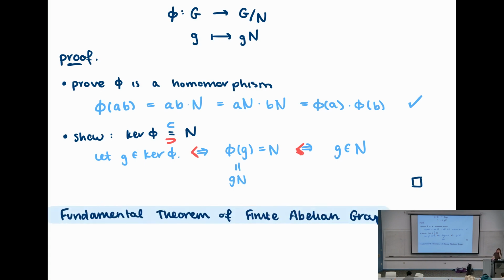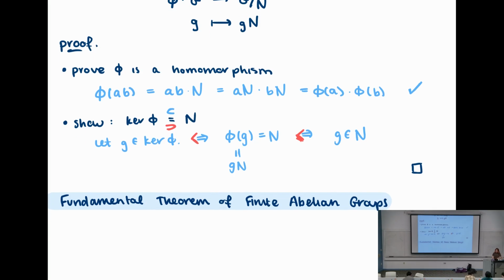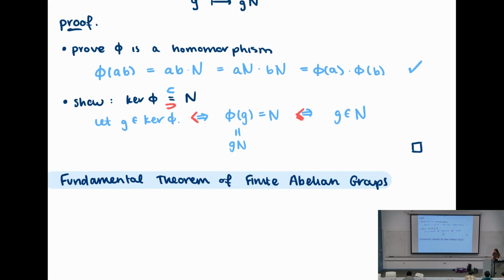So this will tell you, given an integer n, how do we find all of the finite abelian groups of order n up to isomorphism? So this theorem will tell us how to do that. So I'll just write down the theorem, and then we can talk about what it says.